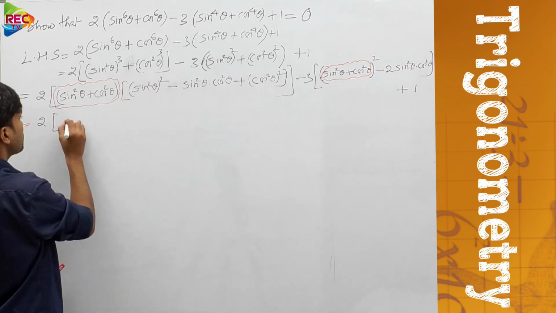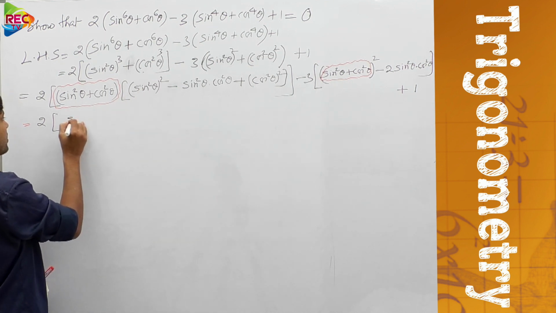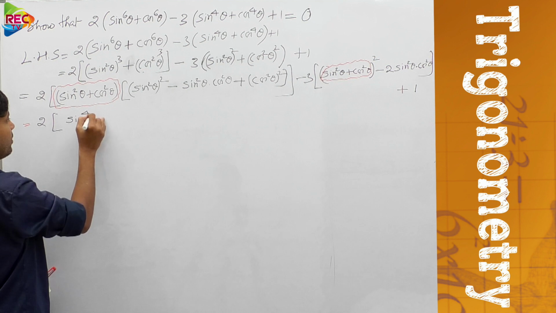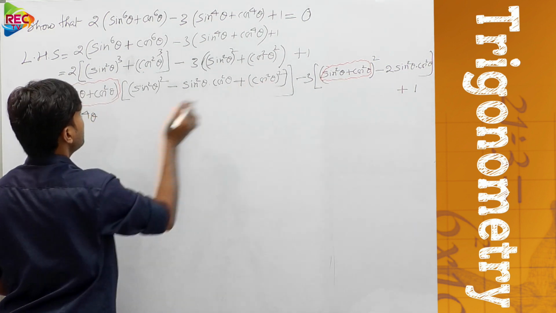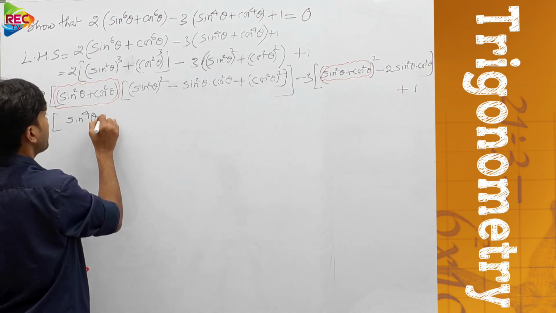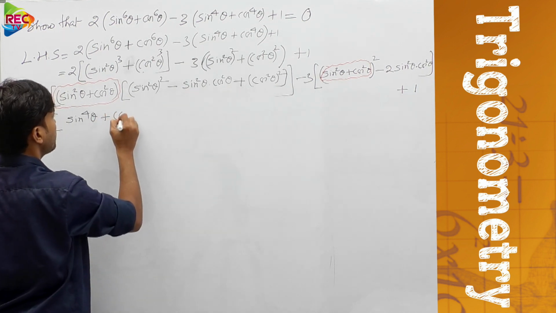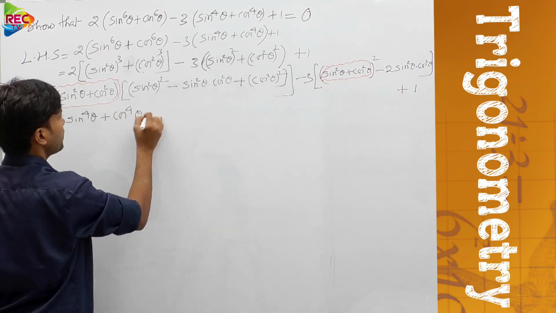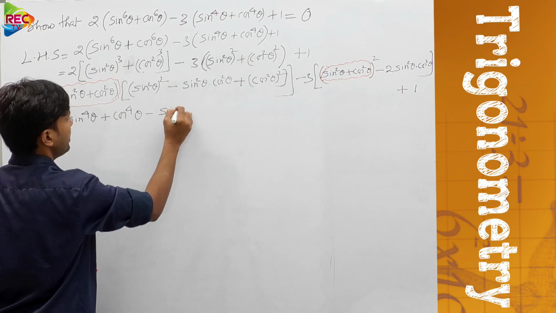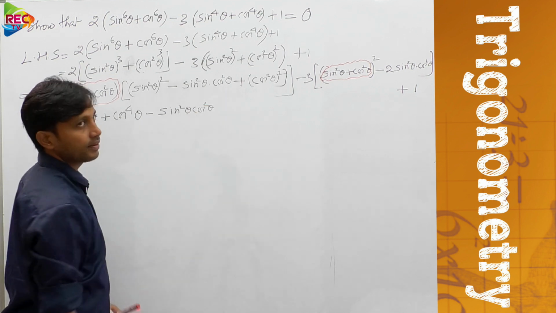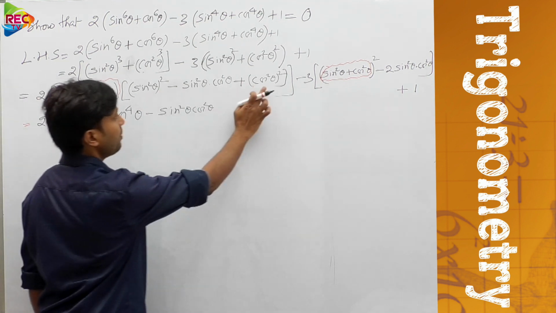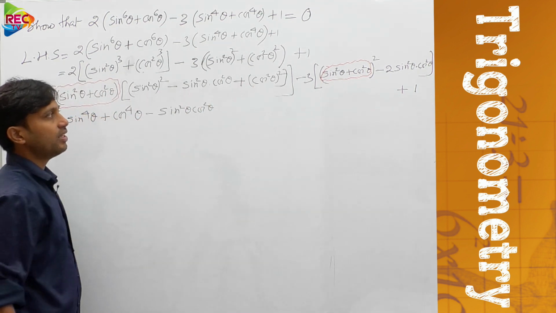Sin square theta whole square, that would be your sin power 4 theta. Now I am writing this again. What is this? Cos square theta whole square, that means plus cos power 4 theta, right? Sin power 4 theta plus cos power 4 theta minus sin square theta cos square theta.